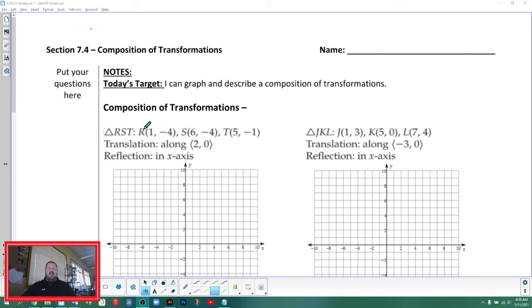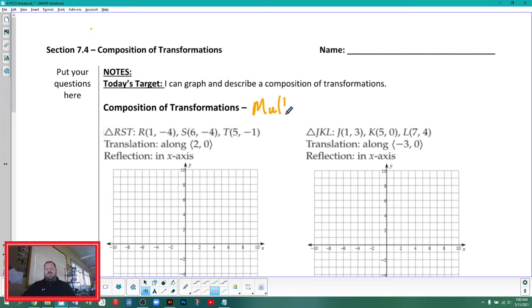Well, what does that mean? Composition. Well, we know transformations are something happening to a graph. We're changing a graph somehow. And that's one aspect of what we want to do. When we're talking about a composition of transformations, it's a fancy way to say multiple transformations in a row.